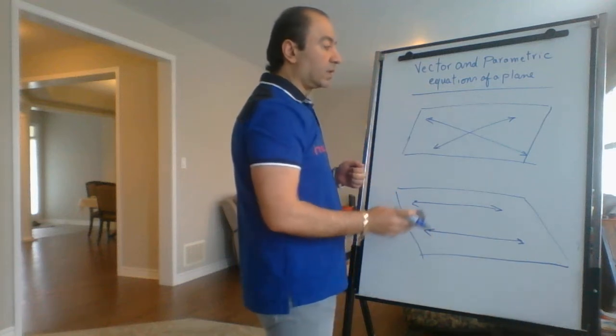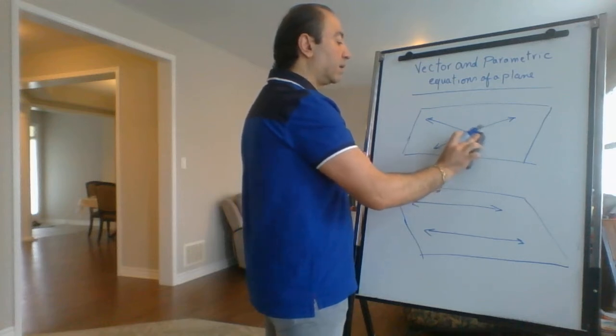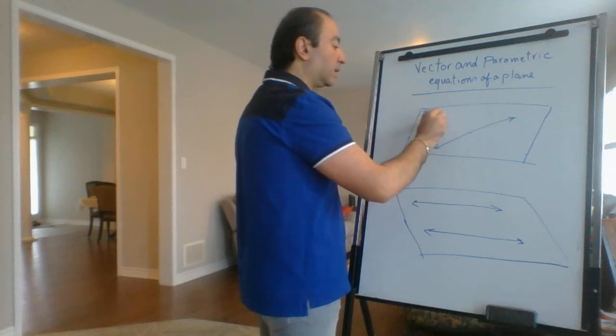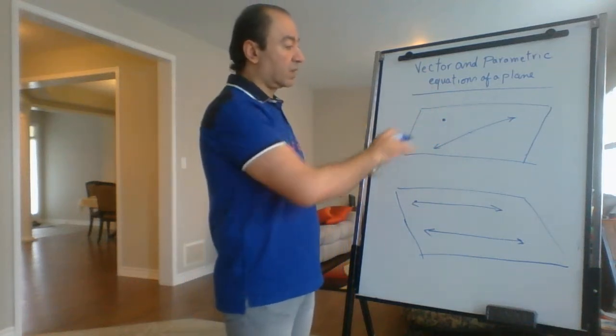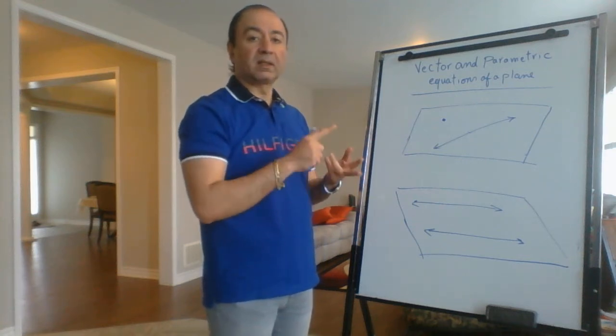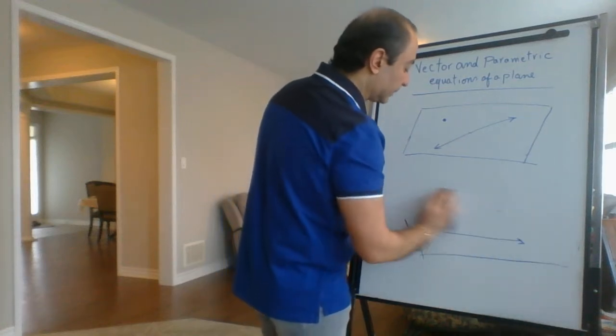We said 3 points, 2 lines, and a line and a point. There is only one plane that will contain a line and this point, which is this plane. Okay, so a point and a line, 2 lines, and 3 points. Those make a plane.